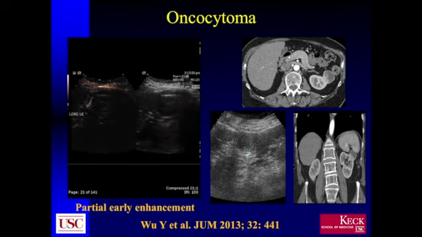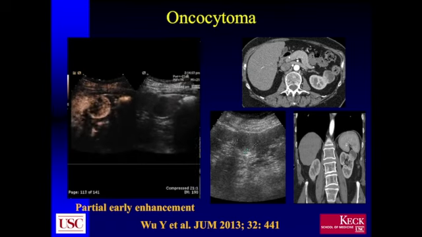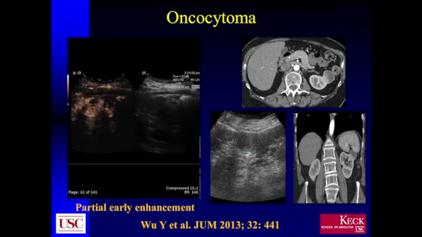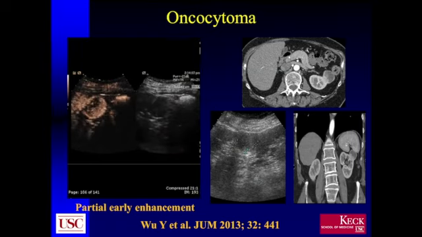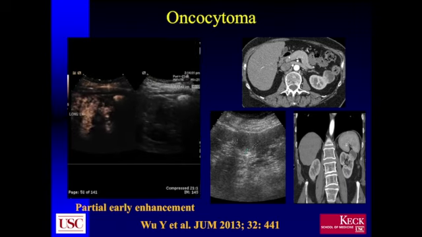And the other problem with the imaging diagnosis of oncocytoma, whether you're dealing with CT, MR, or contrast ultrasound, is that oncocytomas may be mixed tumors. So they may actually have oncocytic components and may also harbor renal cell carcinoma.